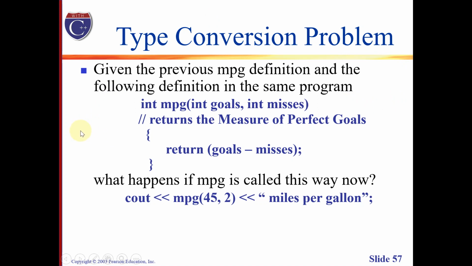Now, what will happen if MPG is called this way? As you can see here, we have the same function named MPG, but this time it is provided with arguments of type integer, although what we would like to output here is actually the miles per gallon.